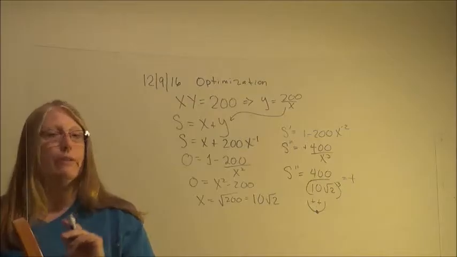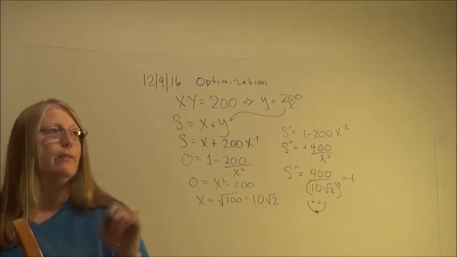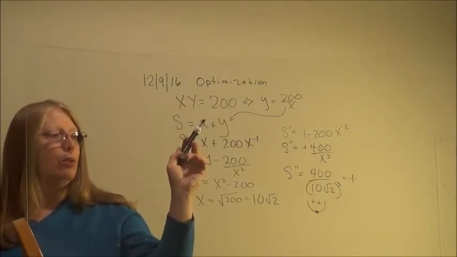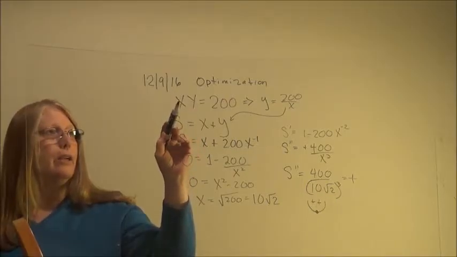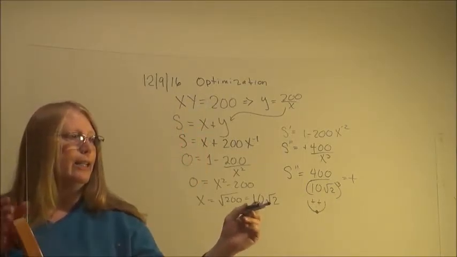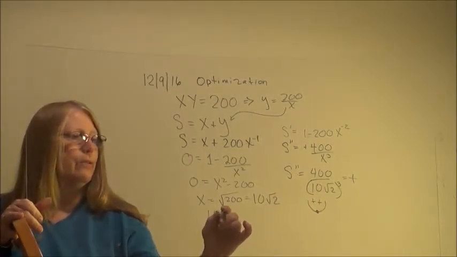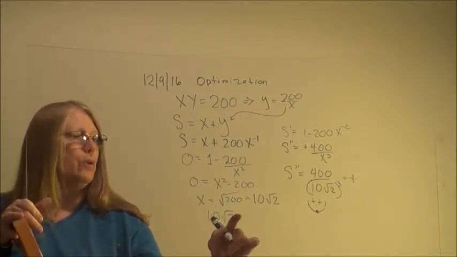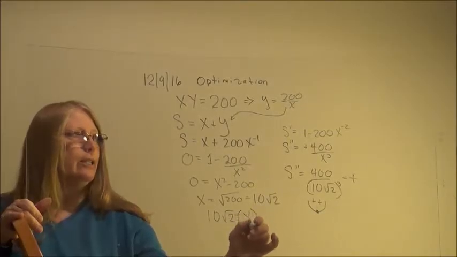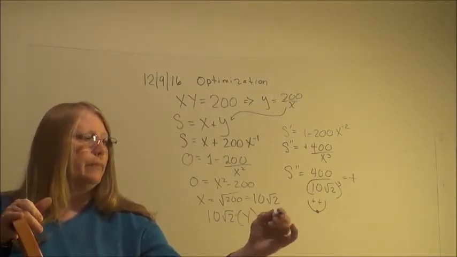Now all we have to do to finish is find the y value. I go back to here, because I know x times y is 200. Now that I have x, I put in 10 square roots of 2 times y, which I now need to know is 200.